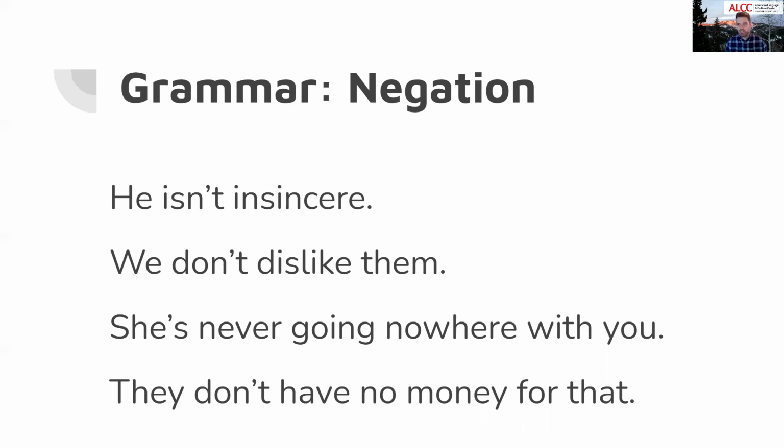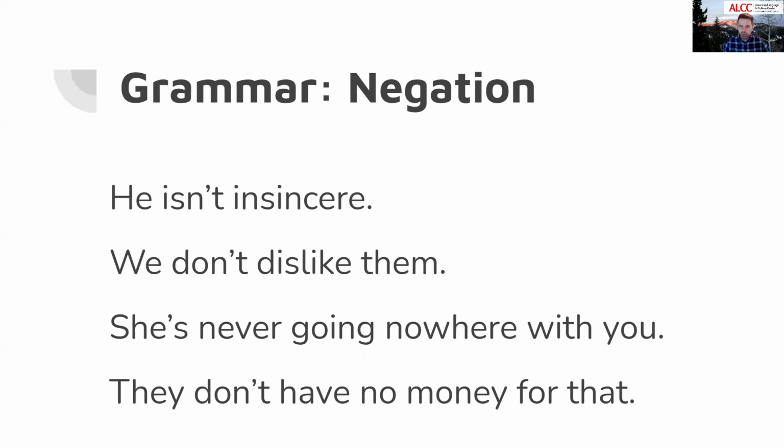He may have some sincerity. And we don't dislike him, meaning that there isn't a hatred towards him, that maybe they feel neutral, maybe even like him, okay? This is a kind of double negation or double negative that is considered acceptable and part of standard American English. But let's look at these next two.